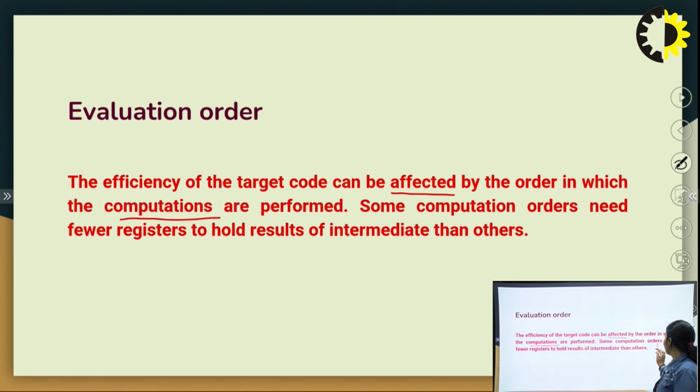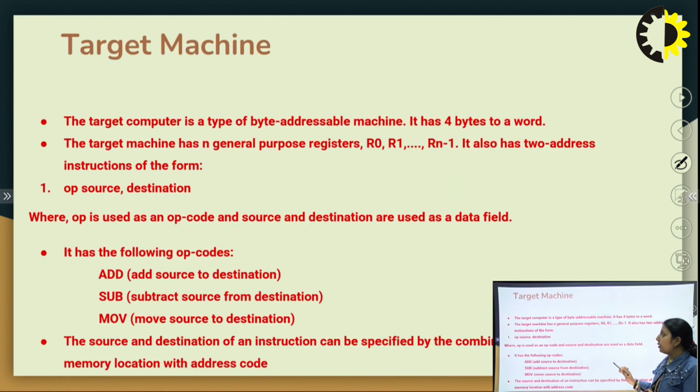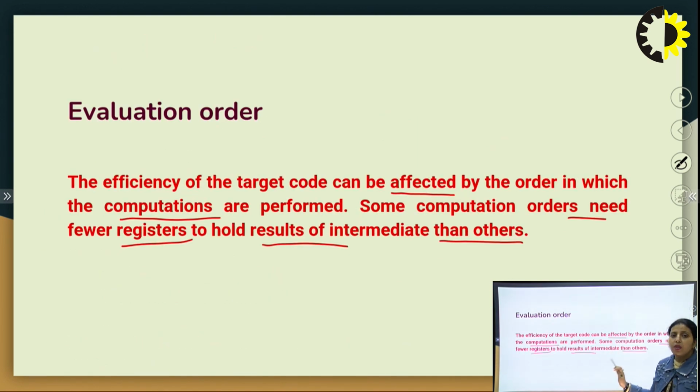Some computation orders need fewer registers to hold results of intermediate code than others. This can only be selected by the code generator.